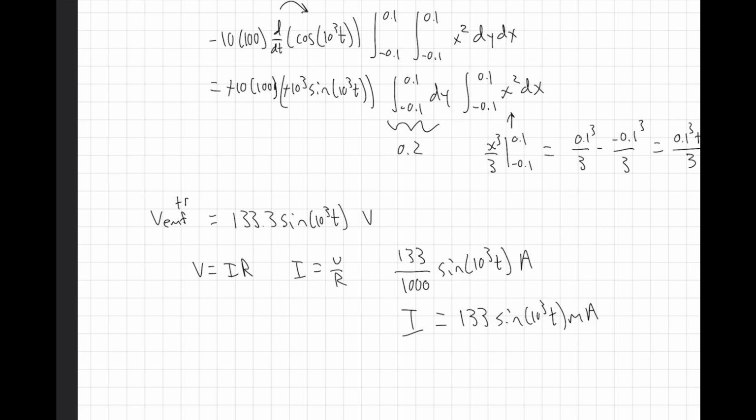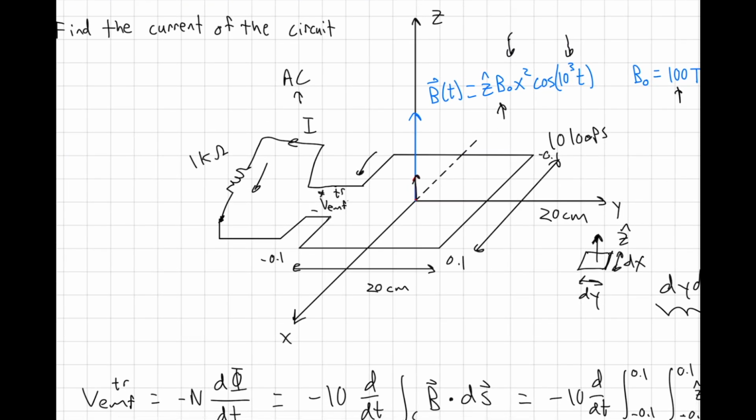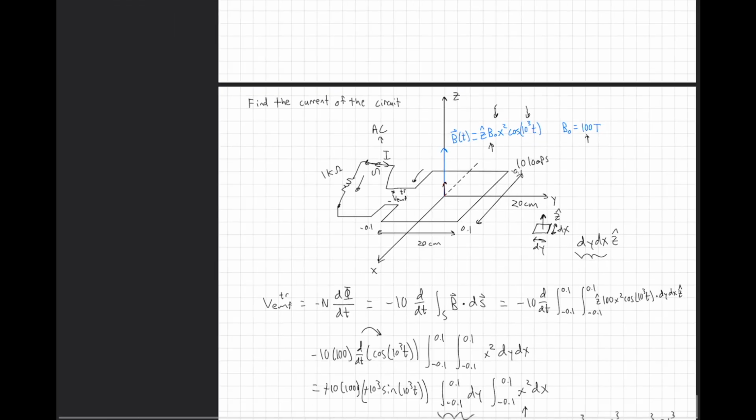So that's the current. And we can imagine the current is going to be changing over time. So we have alternating current as it is. It's going to go this way sometimes, and this way sometimes. That's the alternating part about it.